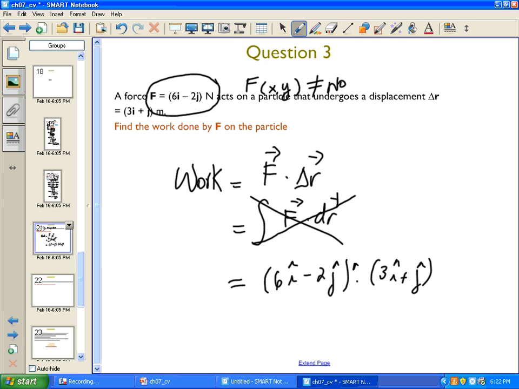Now this is in newtons, this is in meters, so let's keep our units. 6I hat dot 3I hat gives us 18. 6I hat dot j hat gives us 0. Minus 2j hat dot 3I hat is 0. Minus 2j hat dot j hat is minus 2.